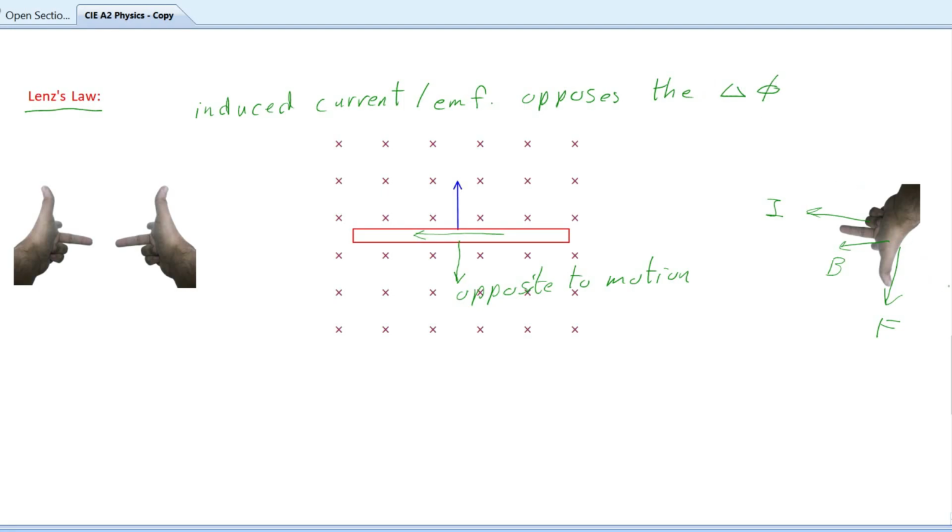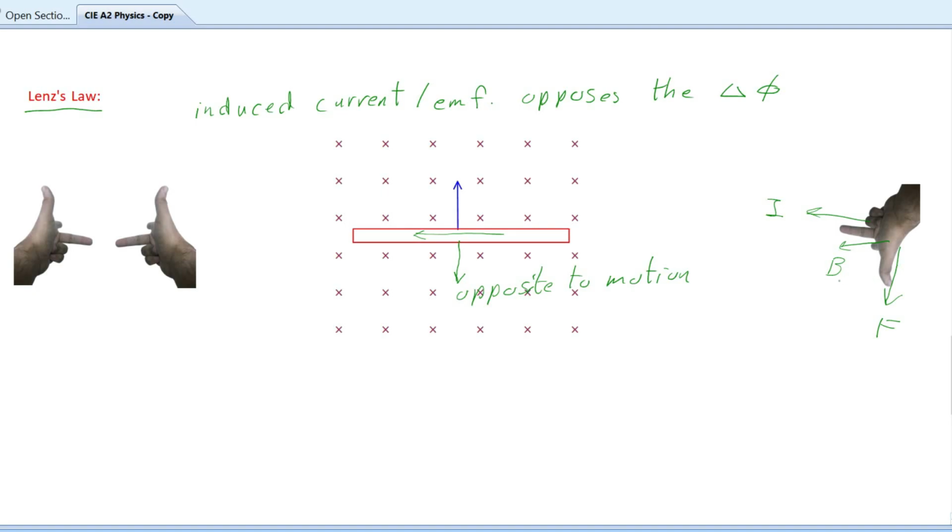So basically, if you try to move the wire upwards and there is an induced current, this induced current will create an opposite force to the motion. If you try to move it to the right, you will experience a force to the left. If you try to move it to the left, you will experience a force to the right.